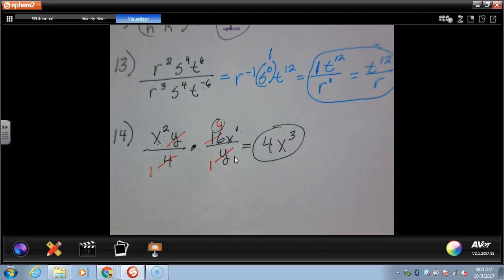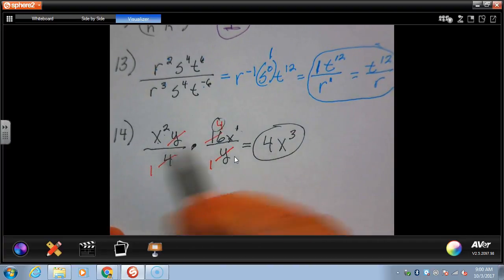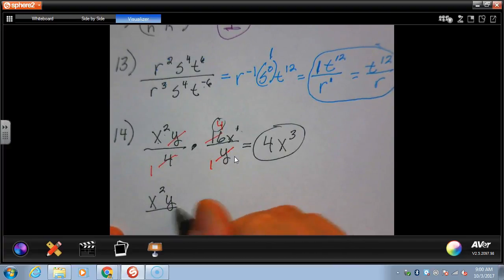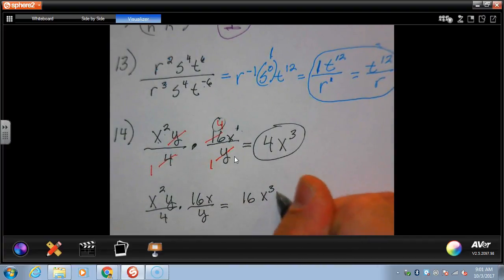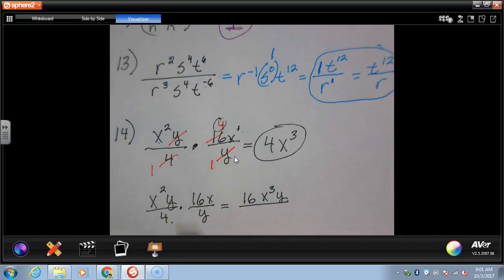Here's another way you could do it. You could actually multiply it all out. You could bring these to the top, and then, if I multiplied it all out, remember, multiply your numerator. So I get 16x cubed y over 4y.